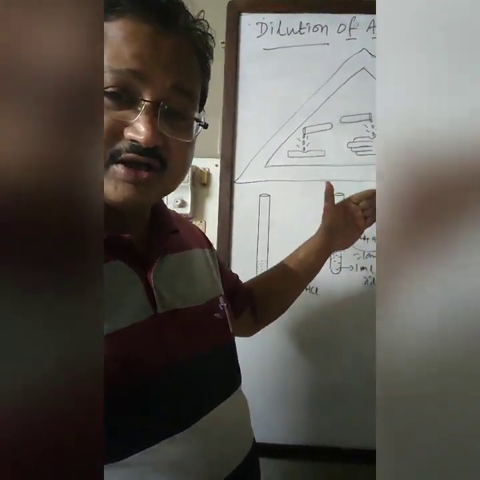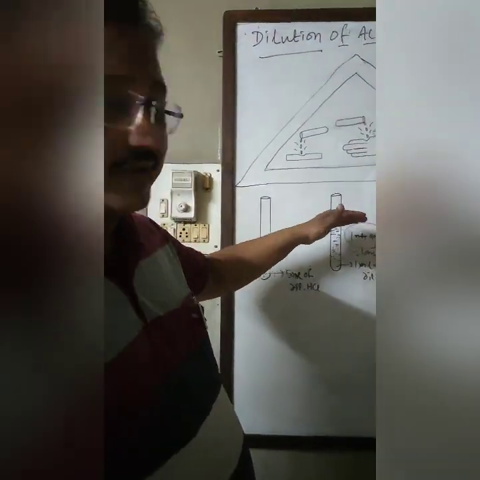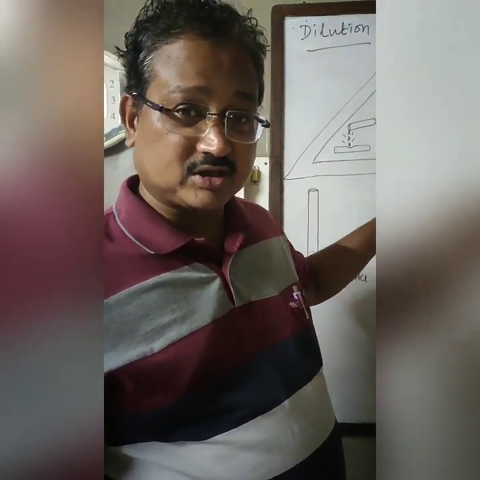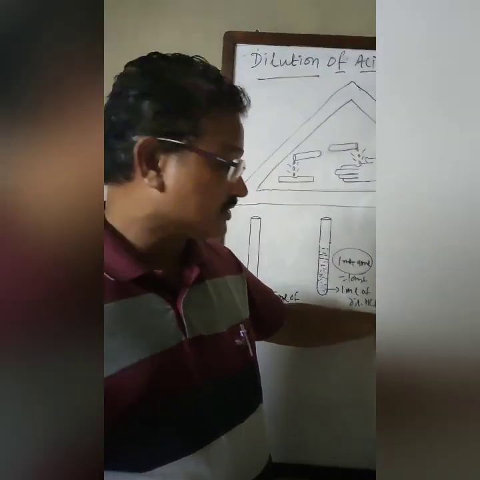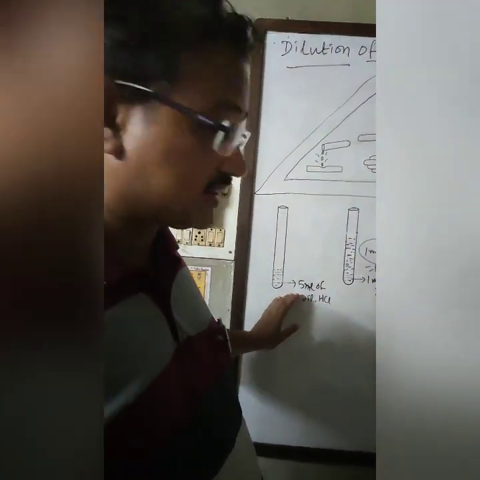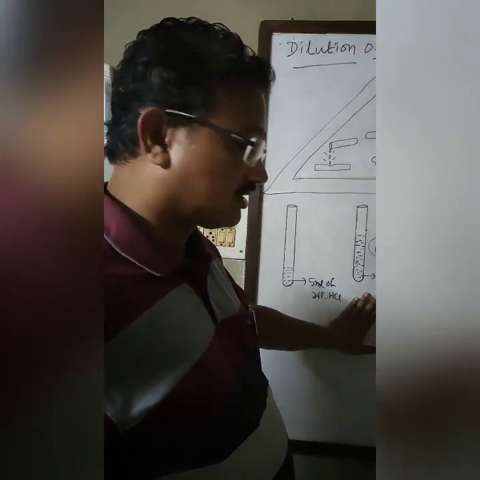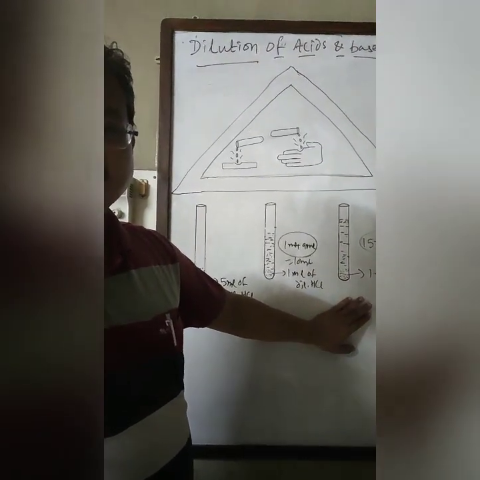So the concentration of H plus ion per unit volume decreases in these cases. Here the evolution is less vigorous, and here the reaction will be very slow.